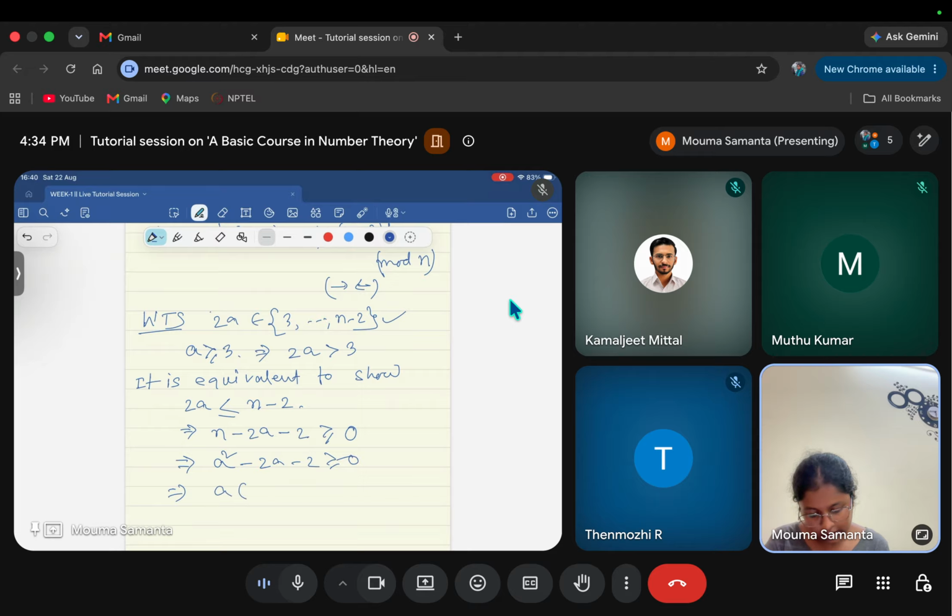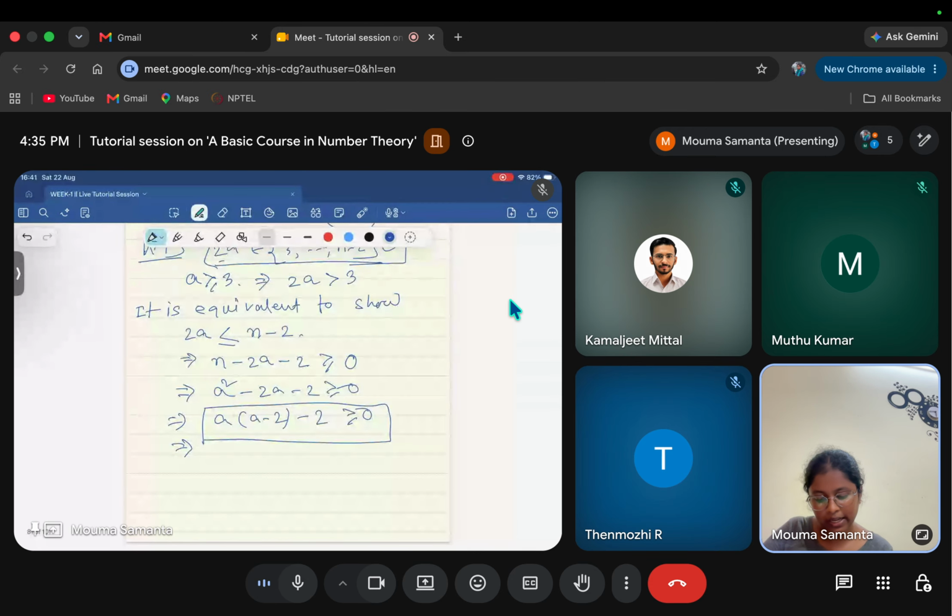Now this is equivalent to this. So to show this one, it is equivalent to show this one. So can we show a times (a minus 2) minus 2 is greater than or equal to 0?